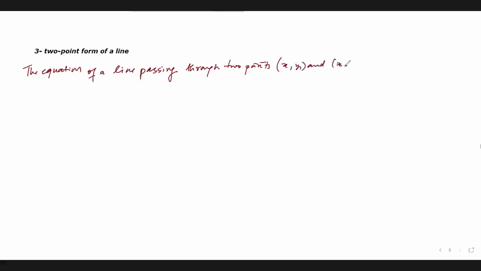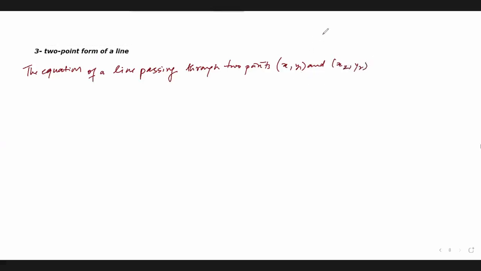So let us take that the equation we are finding is of a line passing through 2 points x1, y1 and x2, y2.